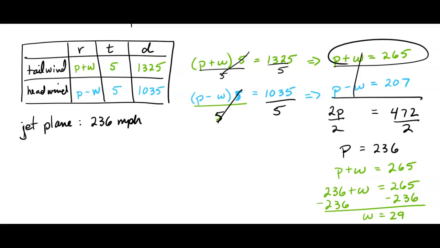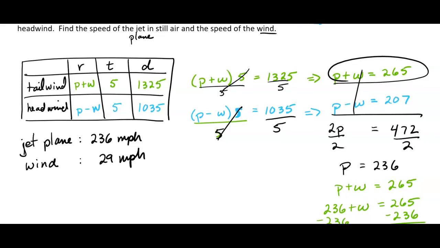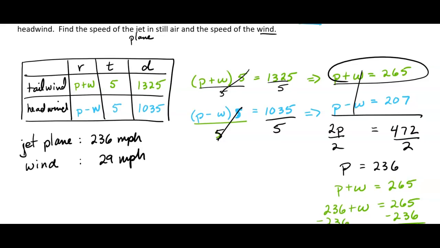So the wind is 29 miles per hour. Let me look at what the question said: what's the speed of the wind? Yes. So we answered the question.